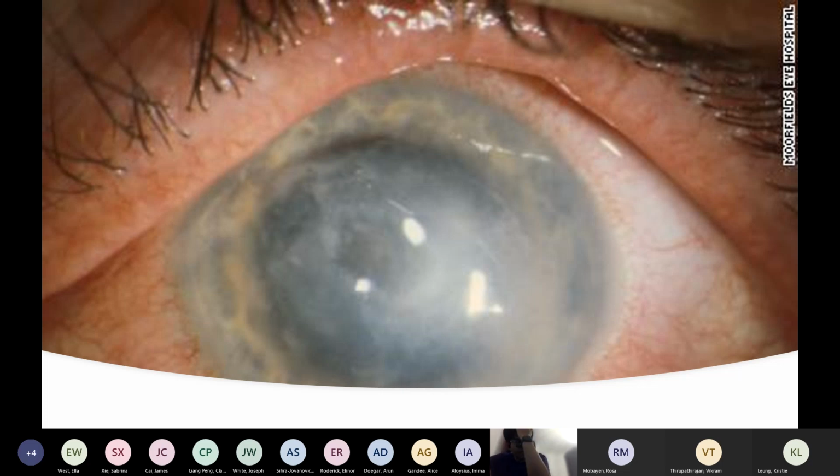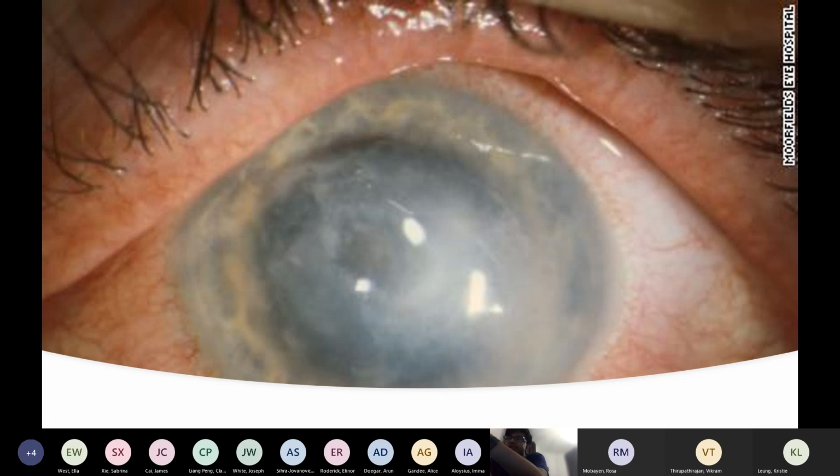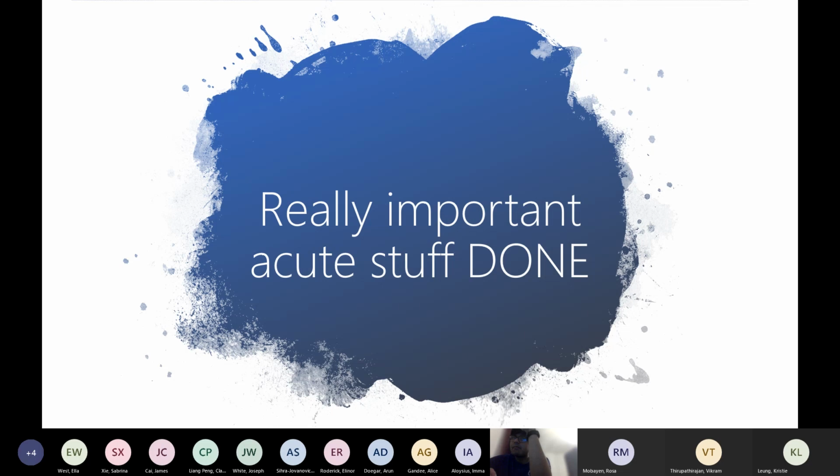This one won't come up in your exams, to be fair. This is acanthamoeba keratitis. It's kind of a spot diagnosis. Take it in your head, and if you see something that doesn't fit into the other boxes, it's amoebic. That's the really important acutely blinding stuff done.